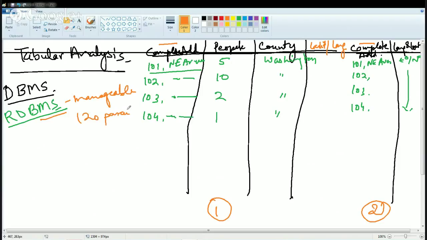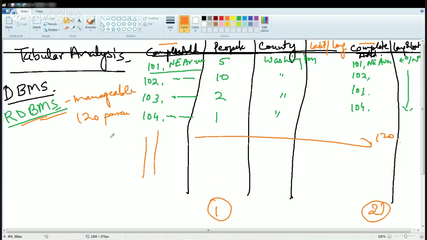If I try to put it into one single table, it would be too complicated, because when I have the first column open, I cannot go to 120 columns. If I go to column number 120, I'll forget what was there in the first column. So just to make the data manageable, you provide multiple tables, and once you have multiple tables, by RDBMS you can merge all these tables into a single table. So these are the two ways of using tabular data.